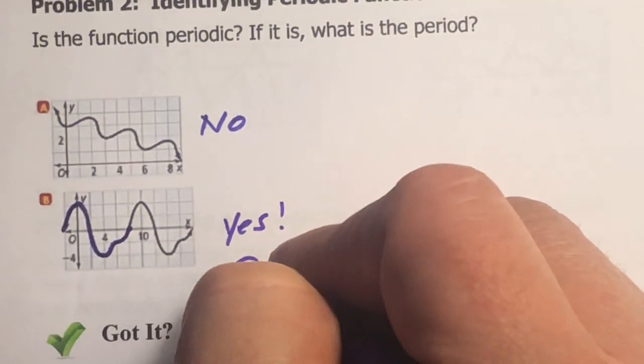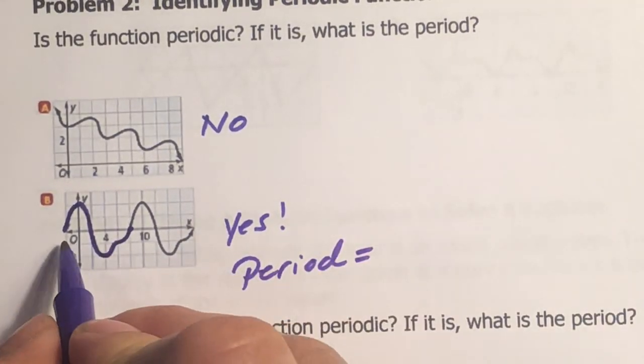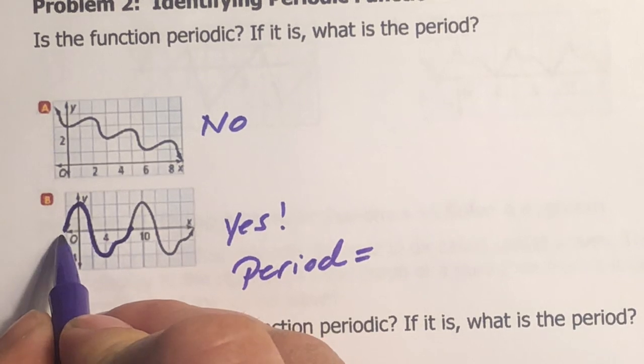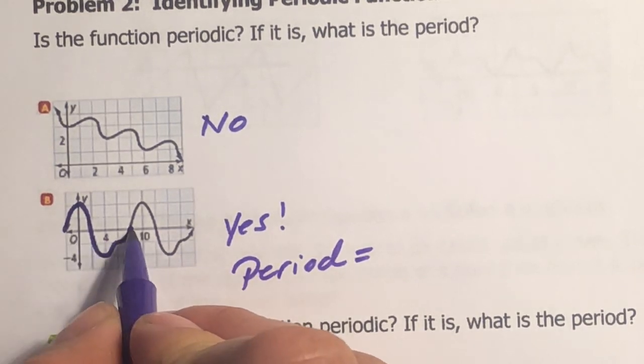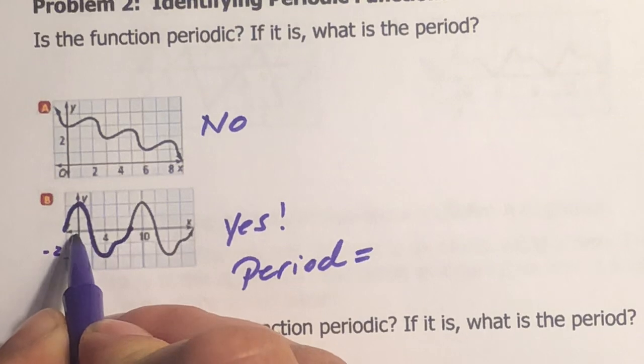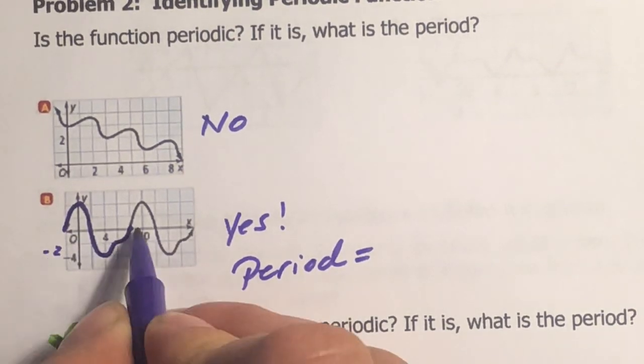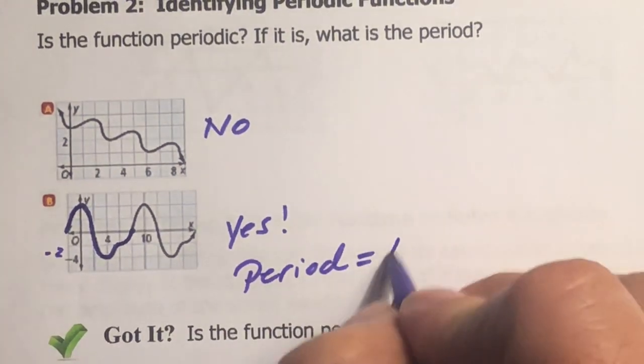And the period, again, remember, the period is the length of that cycle. So it looks like we're going from -2, because it looks like we're going by 2: 2, 4, 6, 8, 10. So from -2 all the way to 8, that period would be 10.